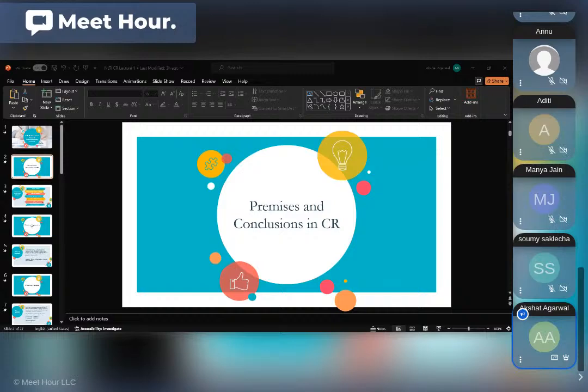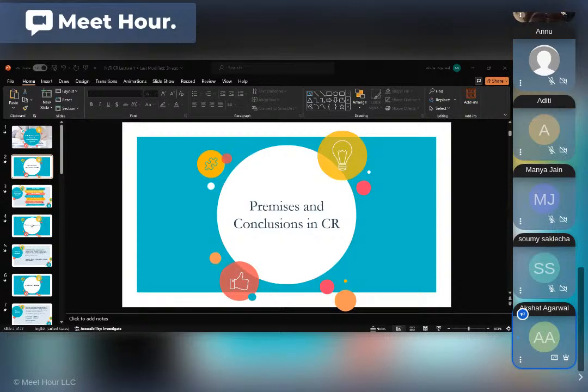You might not have come across these terms in CLAT papers. They don't directly ask you what a premise or a conclusion is, but it's important to understand them, because critical reasoning is a lot about what an argument is. So, what is an argument?